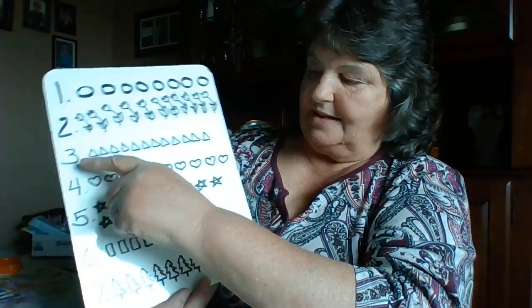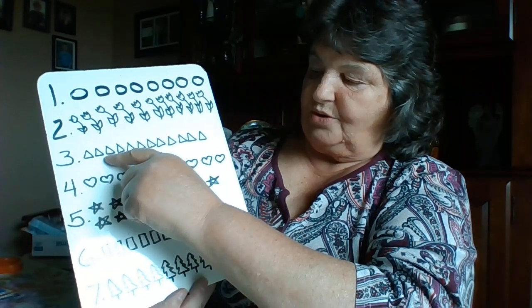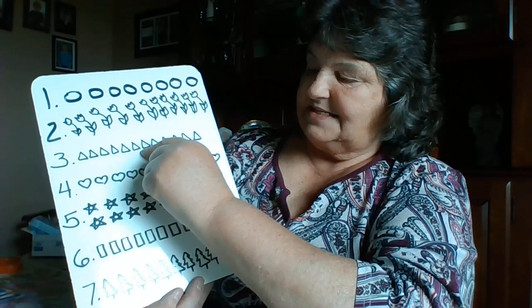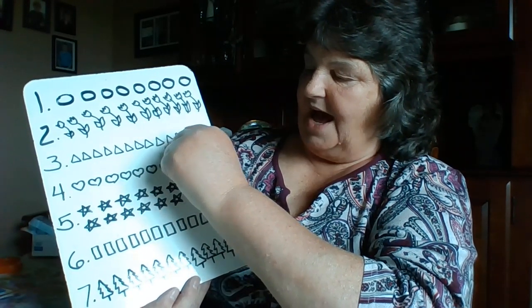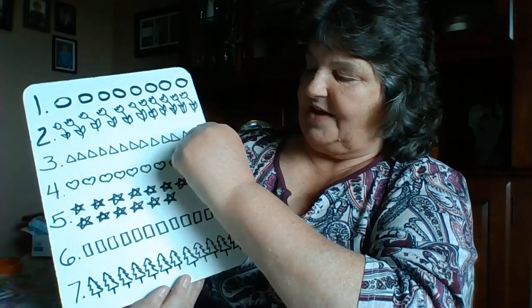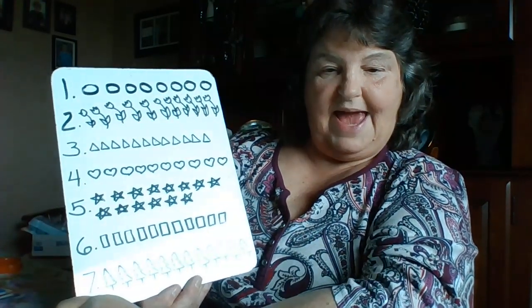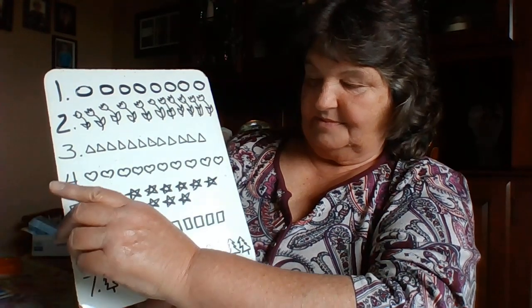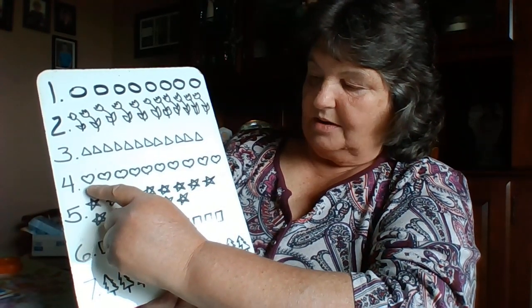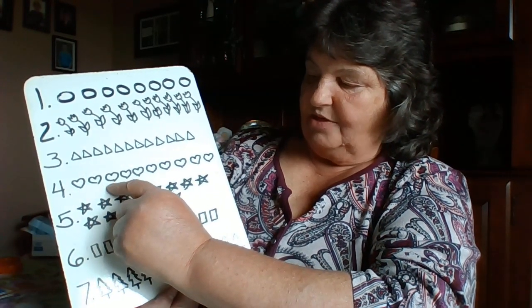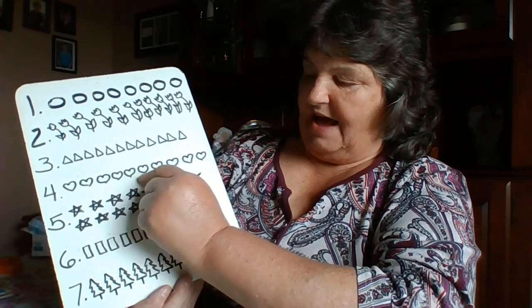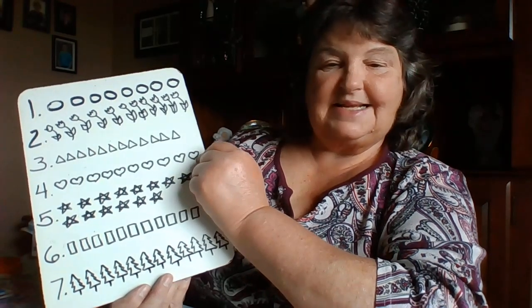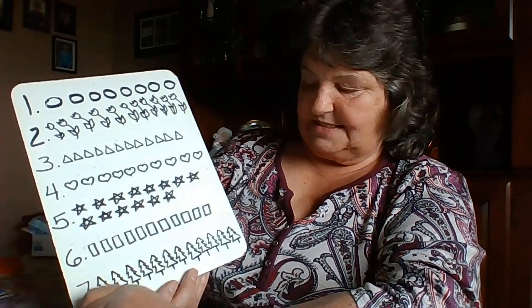Number 3. 1, 2, 3, 4, 5, 6, 7, 8, 9, 10, 11, 12 triangles. Number 4. 1, 2, 3, 4, 5, 6, 7, 8, 9, 10 hearts.